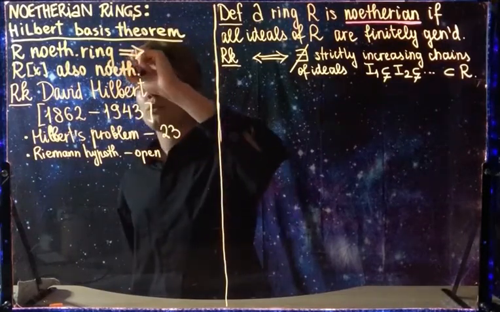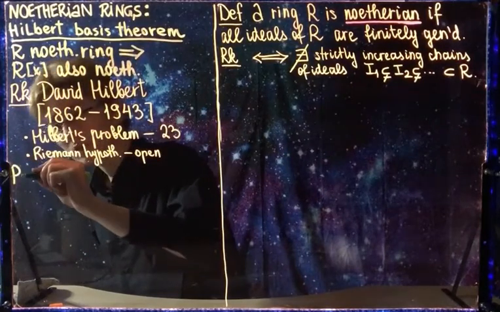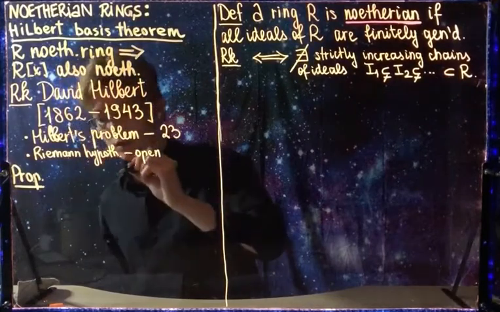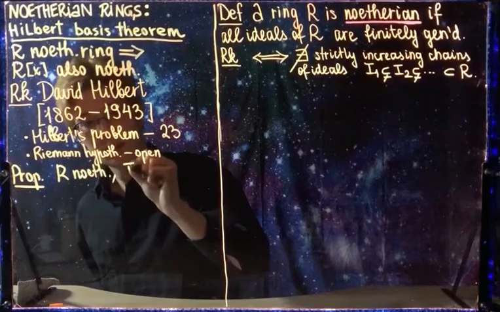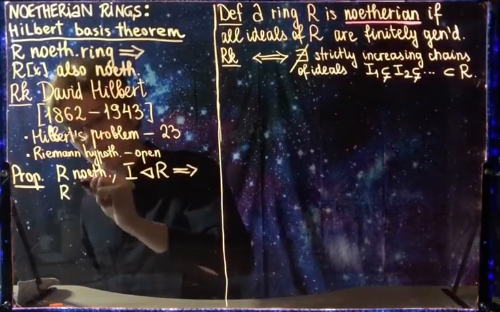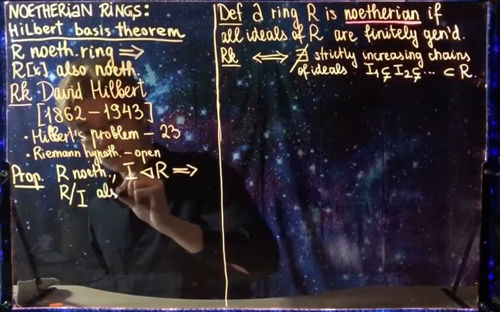Before I go to the proof of this theorem, I want to formulate some corollaries of it. So first, proposition: if R is Noetherian and I is an ideal in R, then R mod I is also Noetherian.